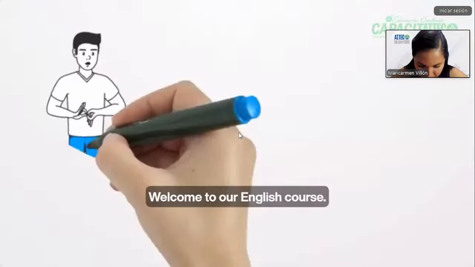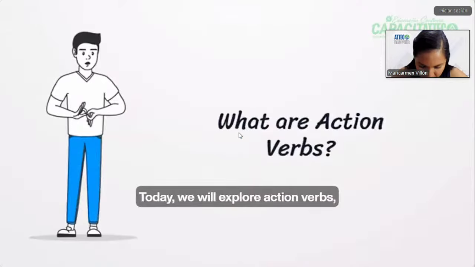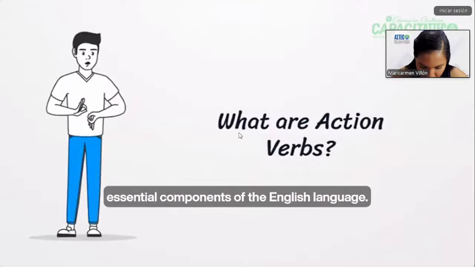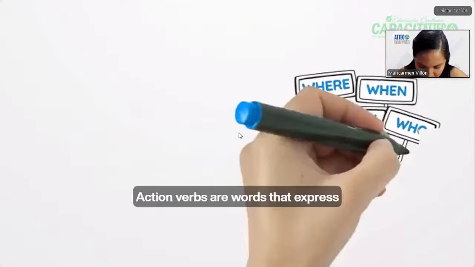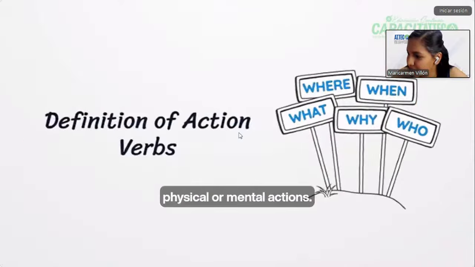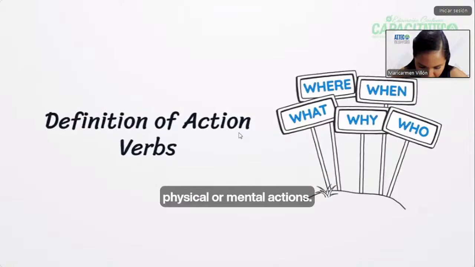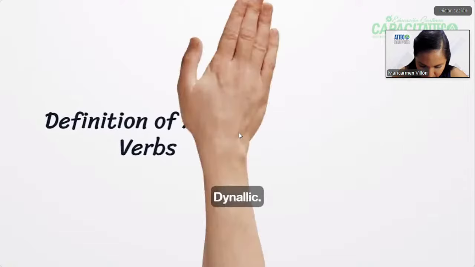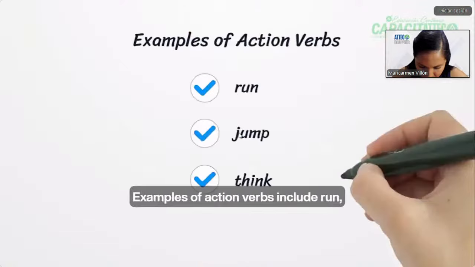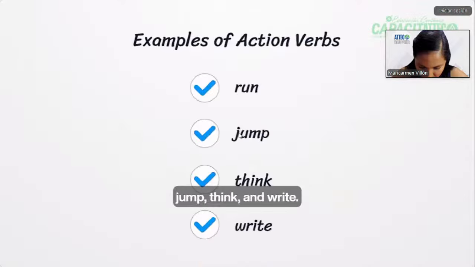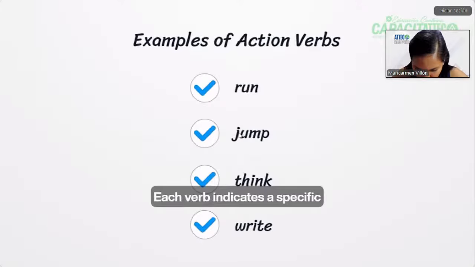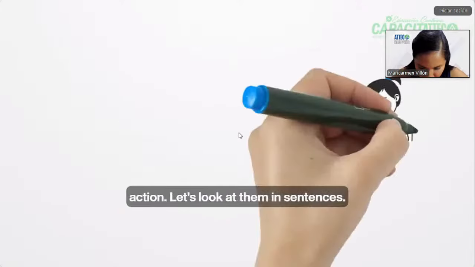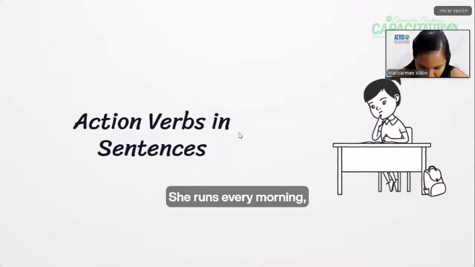Welcome to our English course. Today, we will explore action verbs, essential components of the English language. Action verbs are words that express physical or mental actions. They are crucial in making sentences dynamic. Examples of action verbs include run, jump, think, and write. Each verb indicates a specific action. Let's look at them in sentences. She runs every morning.